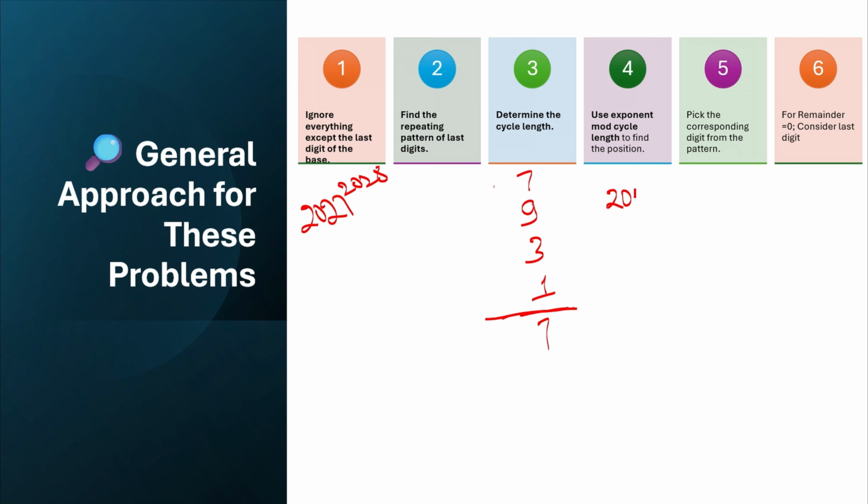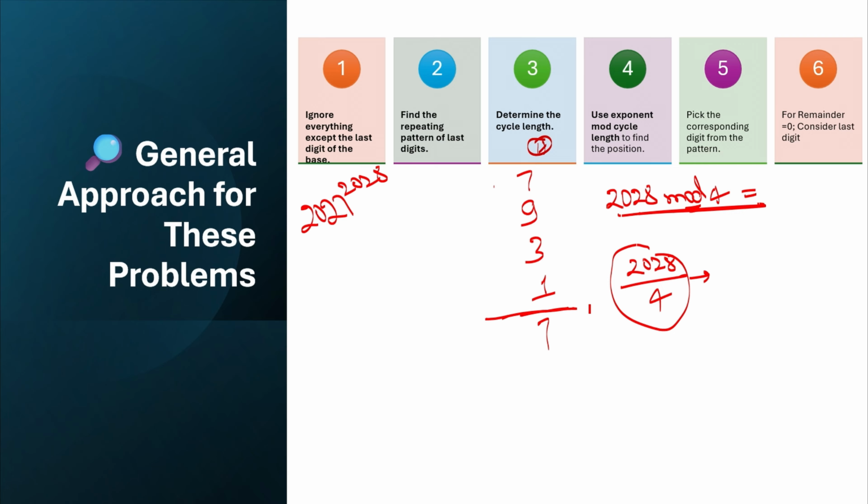It means our exponent is 2028 mod, and the cycle length is 4, as we have determined. So what is this mod actually saying? It's saying that when you divide 2028 by 4, whatever remainder you get will be the answer of this expression.